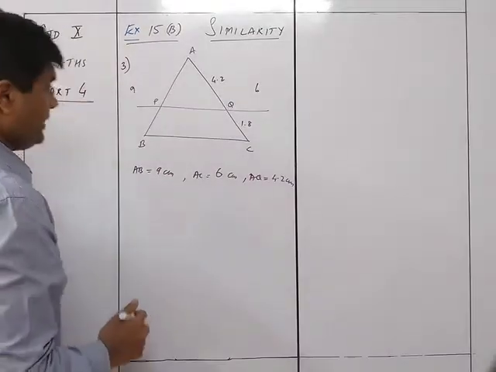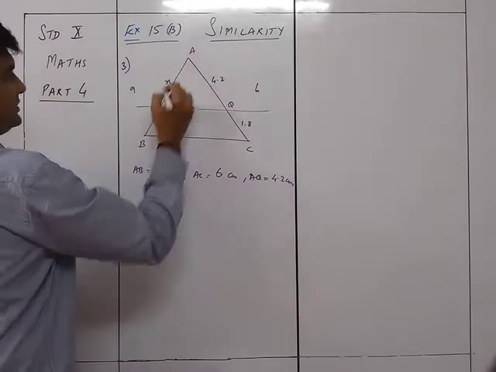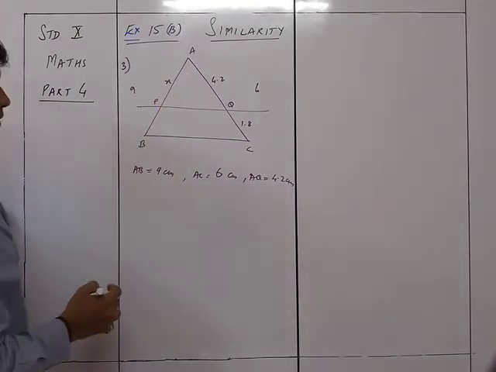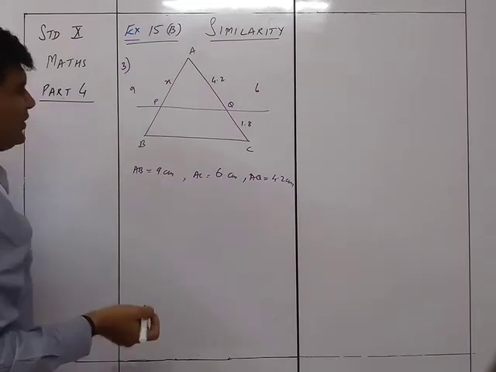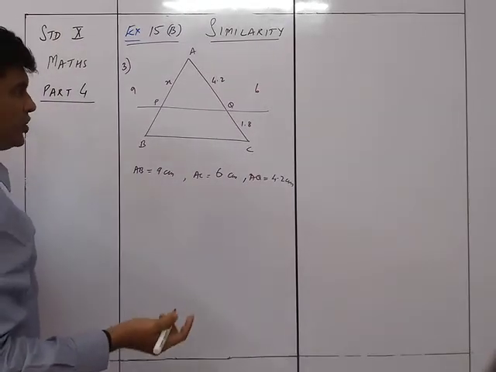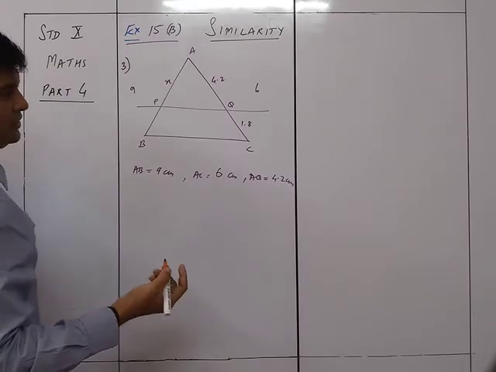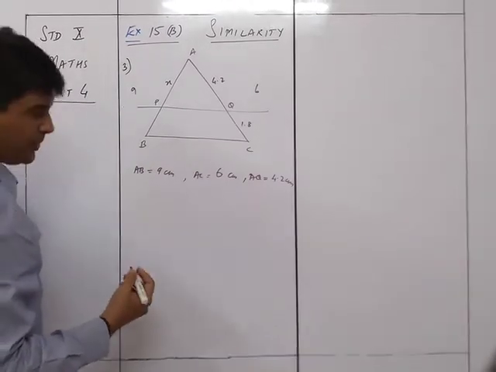You need to find out AP. Let X be AP. So you can use the basic proportionality theorem or the similarity method also. We'll use the basic proportionality theorem.